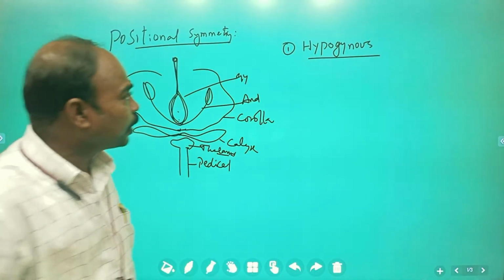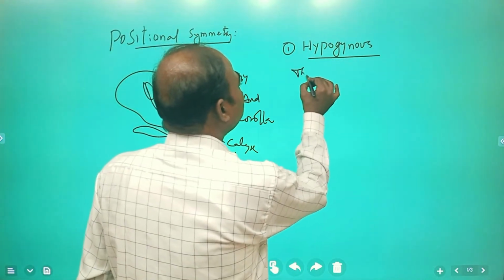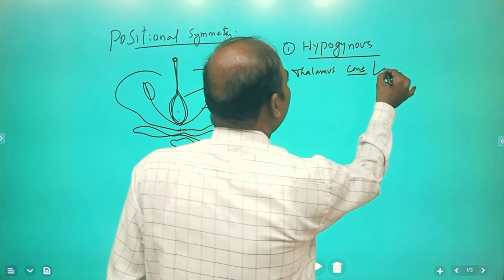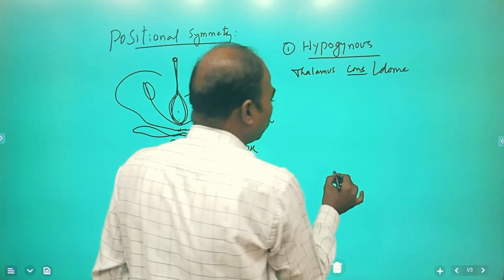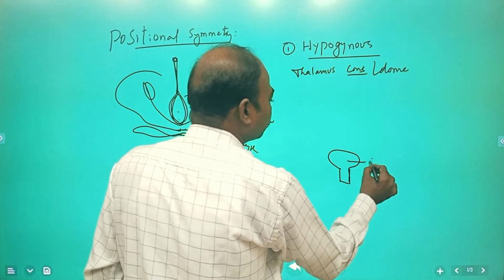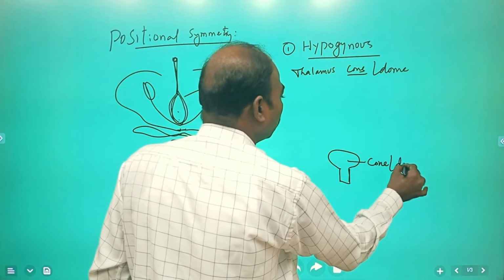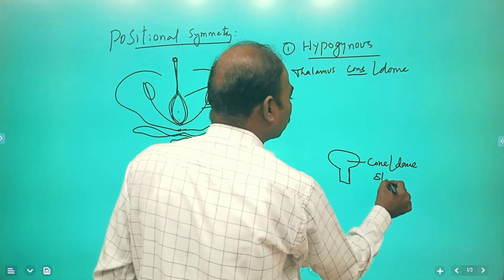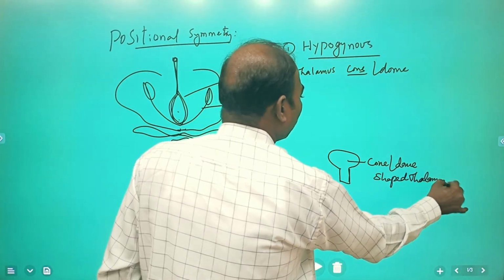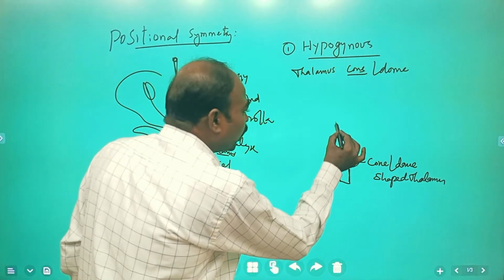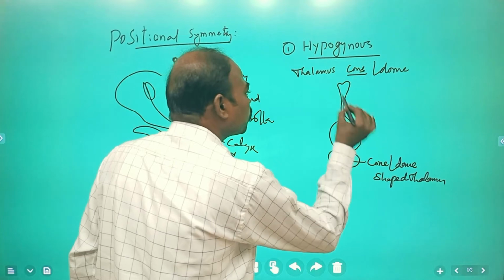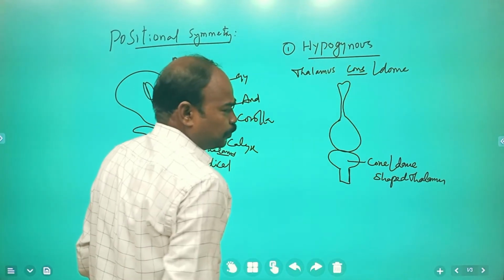Hypogynous flowers. Here in these flowers, the thalamus is cone shaped or dome shaped, on which the gynoecium occupies the extreme top position.